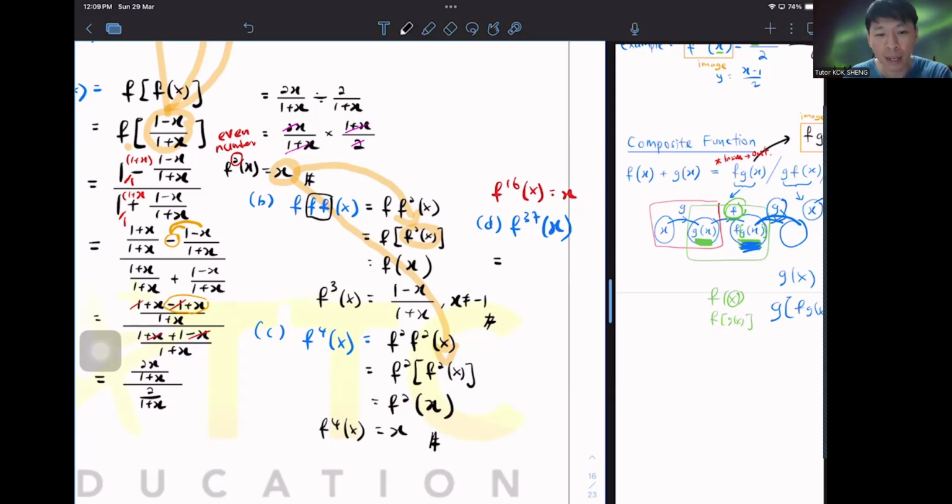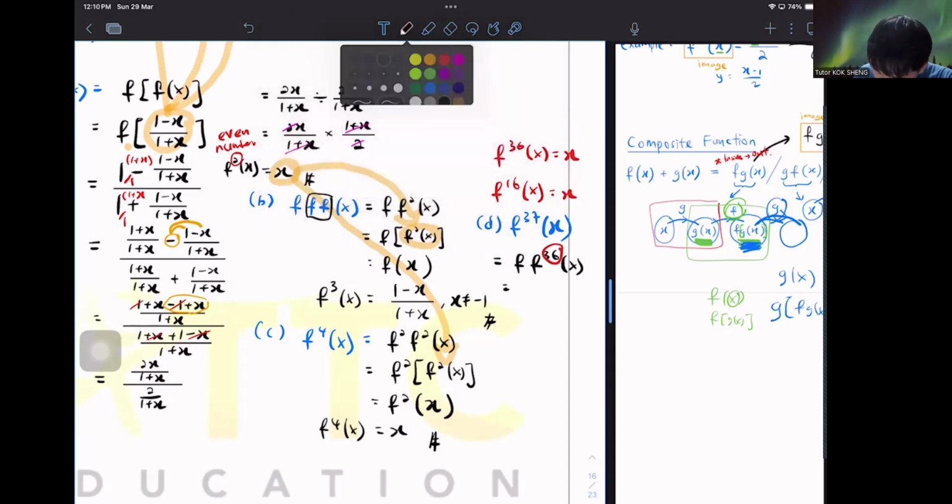So we can make 37 become 36. F, F36 like this. Because I make it 36, and 36 is an even number power, which means F36 is actually equal to X again.